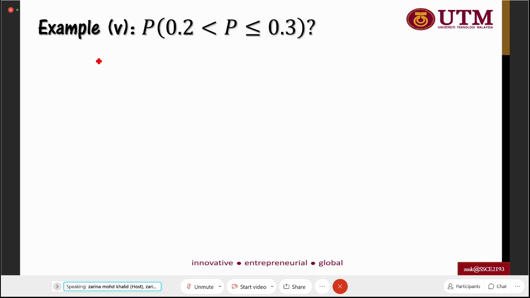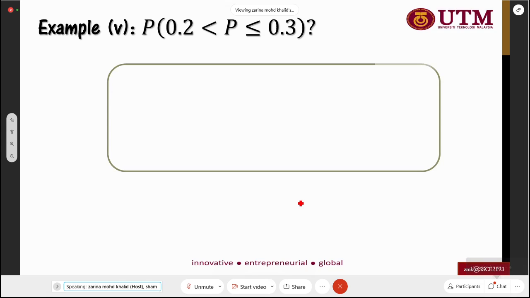Okay, what do you have here? Any other answer? Plus minus. Sham. Is that Sham? Okay, who got it correct? So we have the line 0.2 not included.